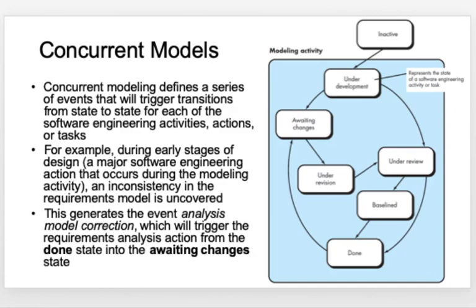This model is useful whenever you can define a series of events that will trigger transitions from one state to another. That is why there is a trigger: the requirements analysis action from the done state goes into the awaiting changes state, and so on.